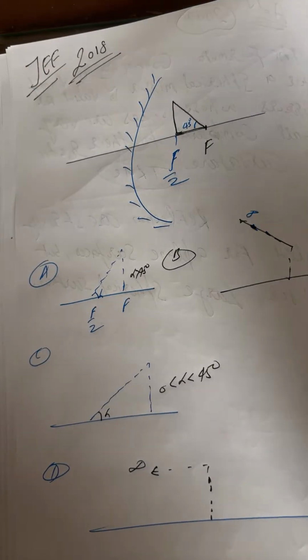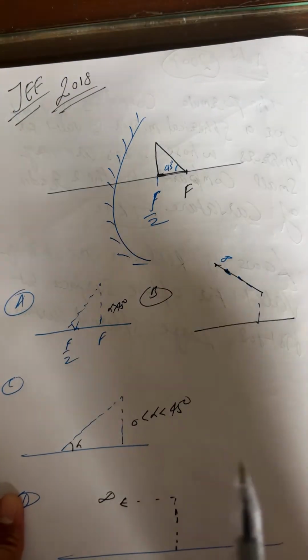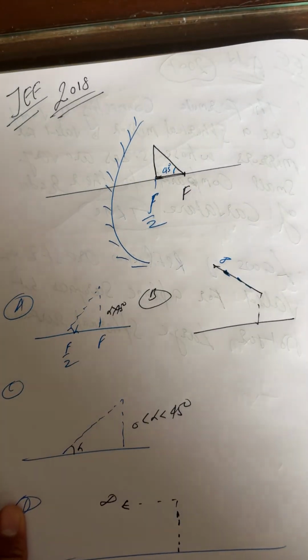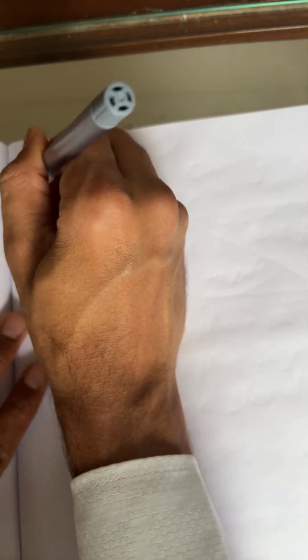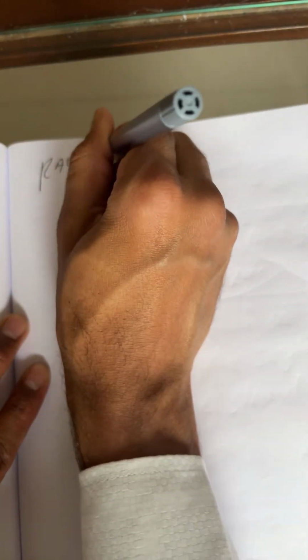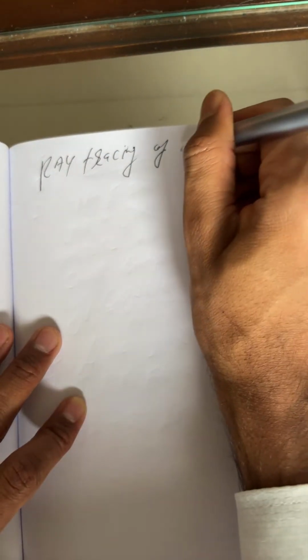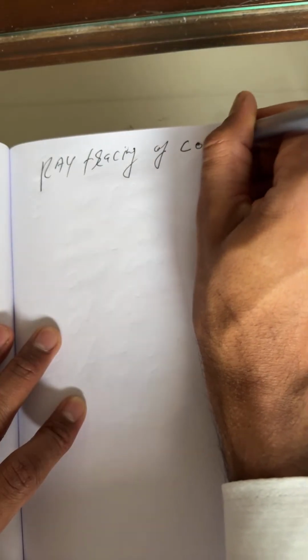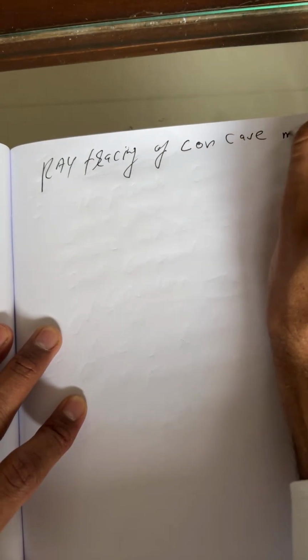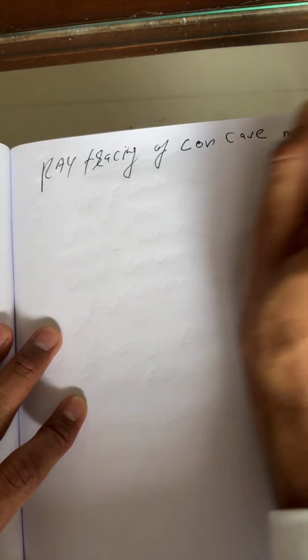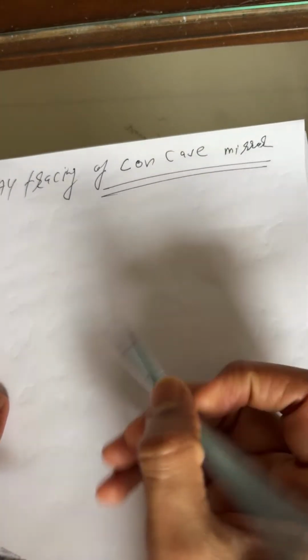For this question, you can just focus on the question: what is the location of the image? If you remember the ray tracing of a concave mirror, which I discussed in the classroom, this is case number 5.